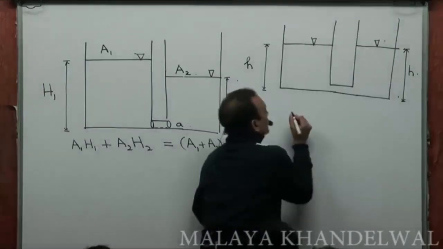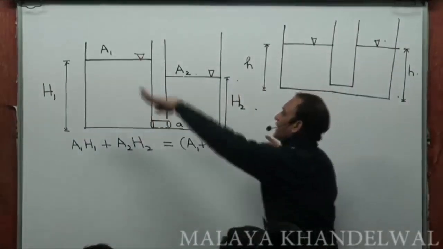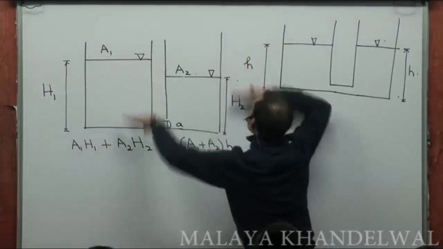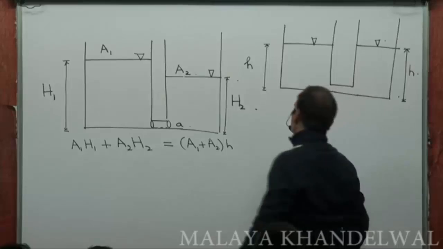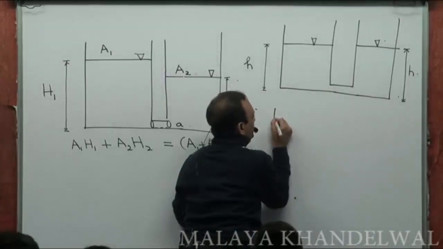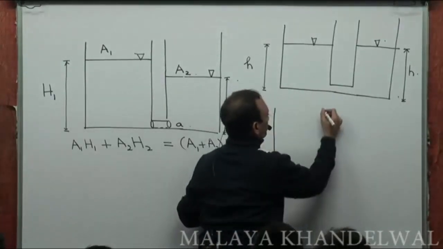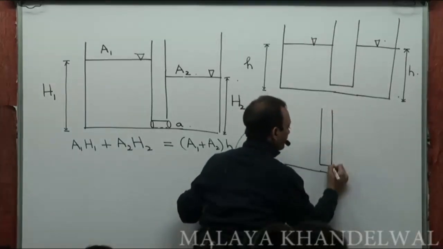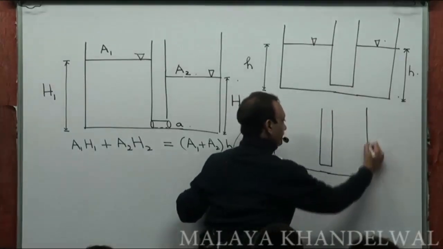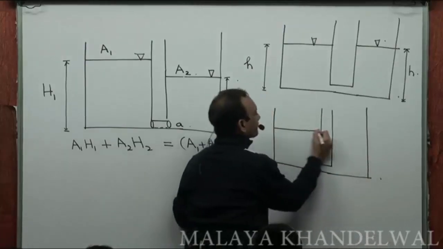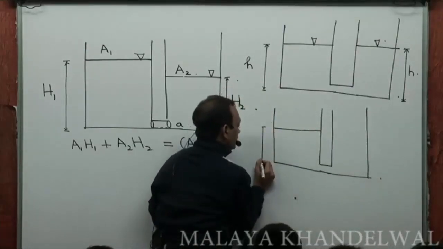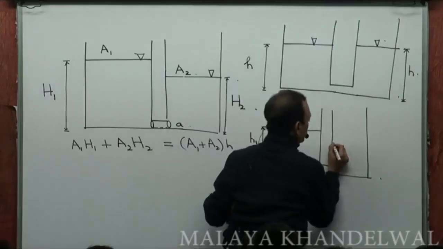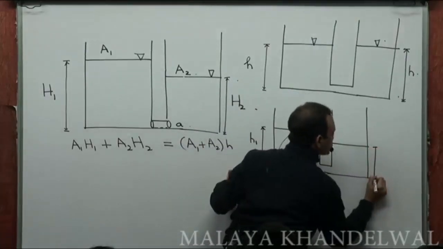Now, an intermediate state, starting from here, H1 decreases and H2 increases. Right? An intermediate state would be the following, where this is small h1, this is small h2.